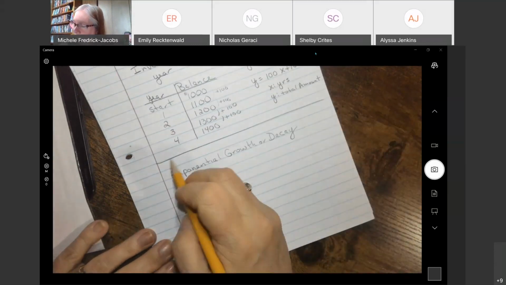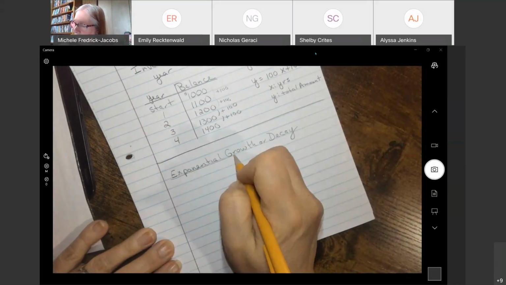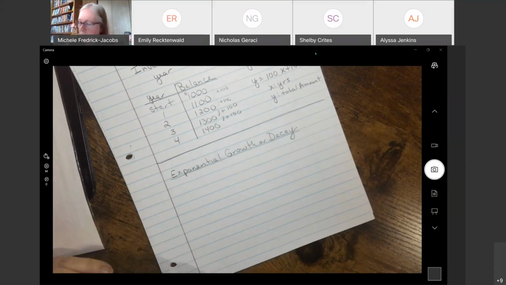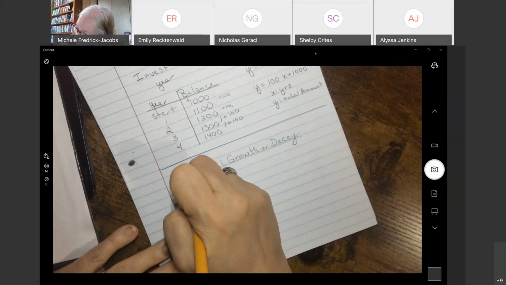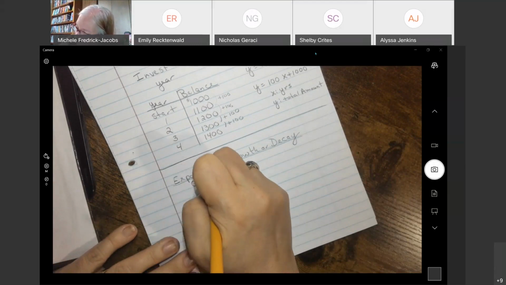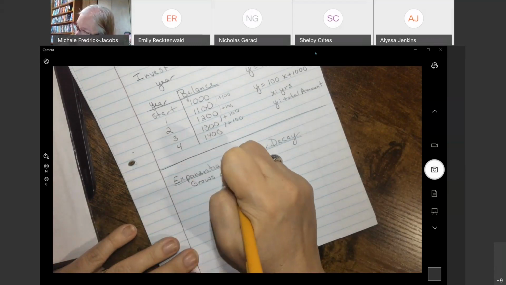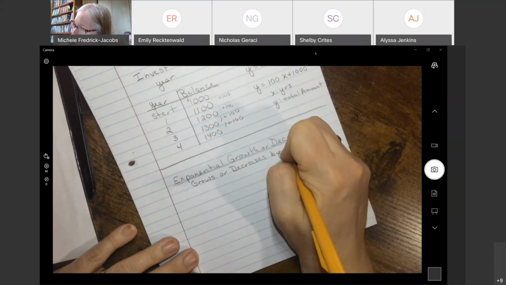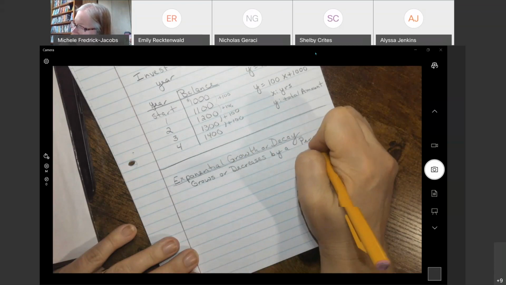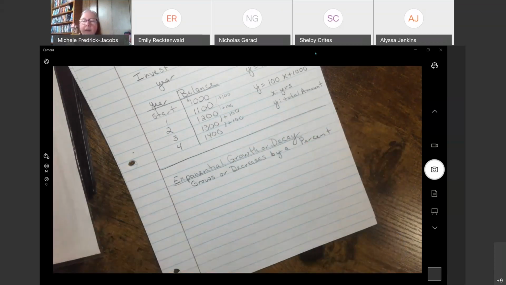But when it's exponential, it increases or decreases by a percent.